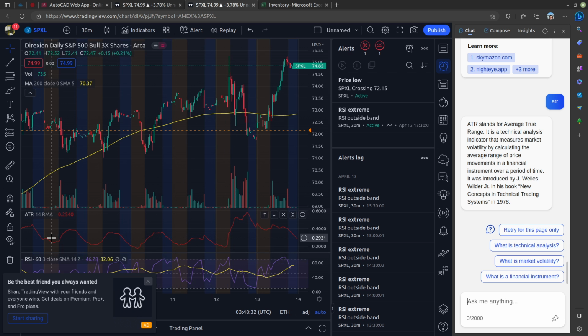So the ATR is on average a quarter right here. It's better to wait until it's above a quarter, not below. Bad point to buy. Bad point. Bad point.